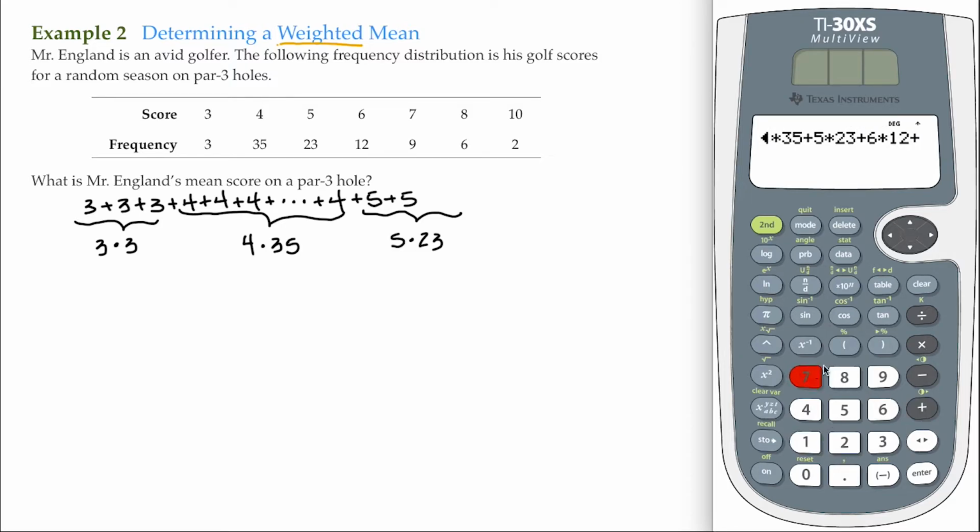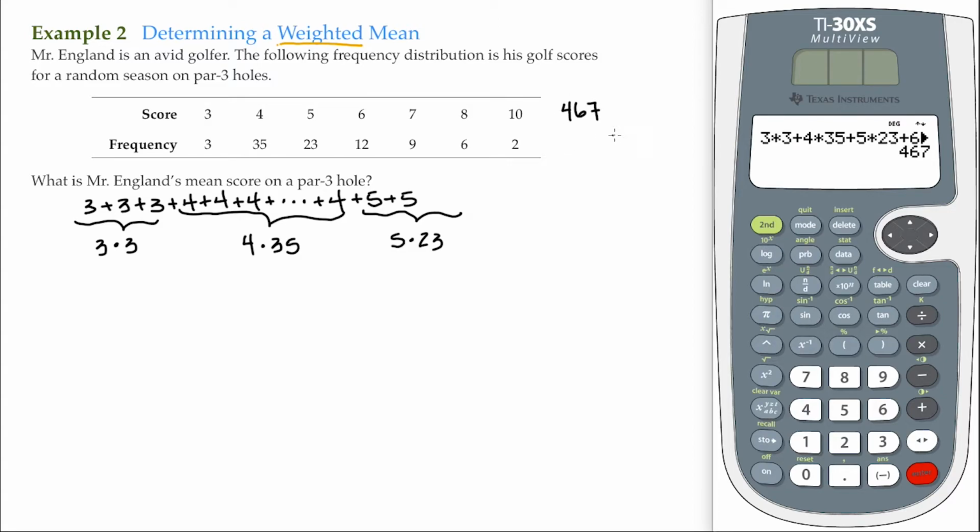Add that to a 7, that's 9 times. Add that to an 8, that came up 6 times. And of course, add that to a 10, that came up 2 times. Then I could go ahead and hit enter, and I have 467. So when I go ahead and add all these up with their respective weights, that comes out to be 467.